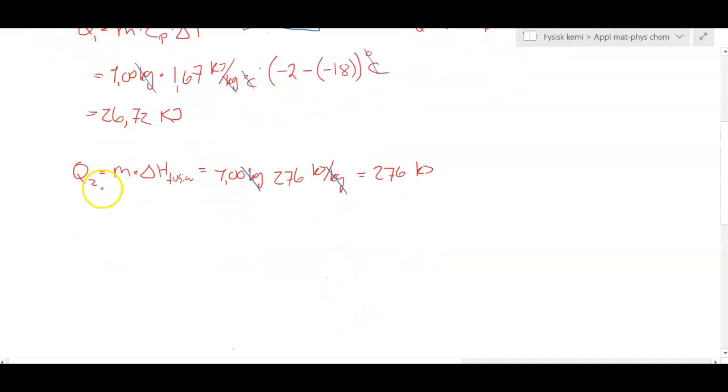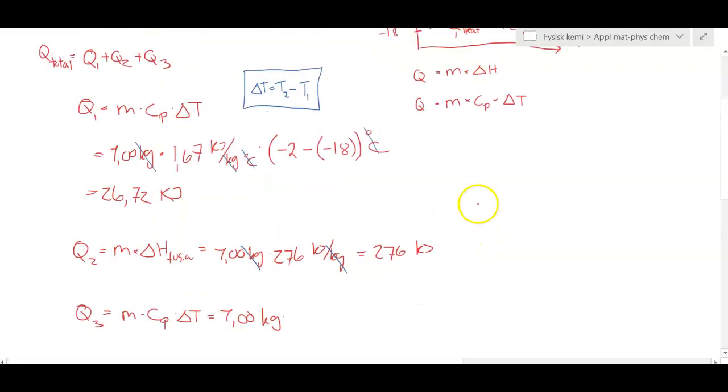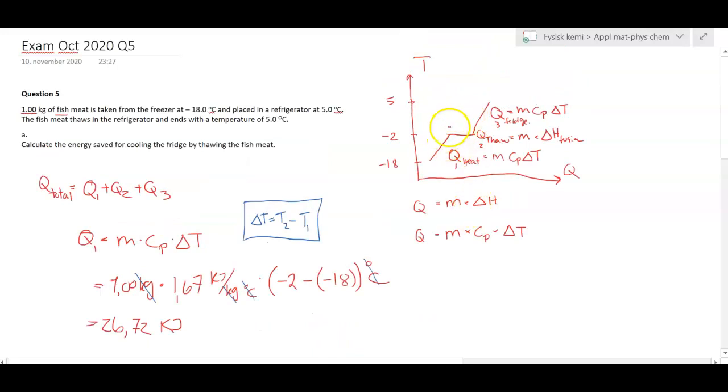So Q3 equals M times Cp times delta T, 1 kilo. Cp, now we are above the freezing point of the fish.